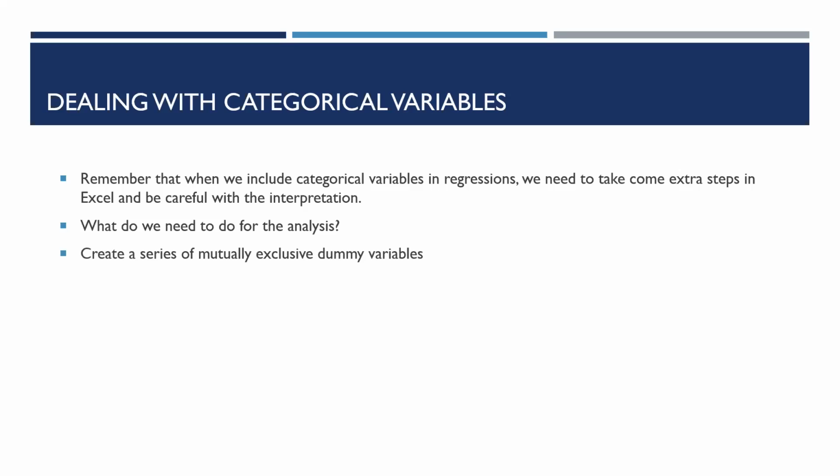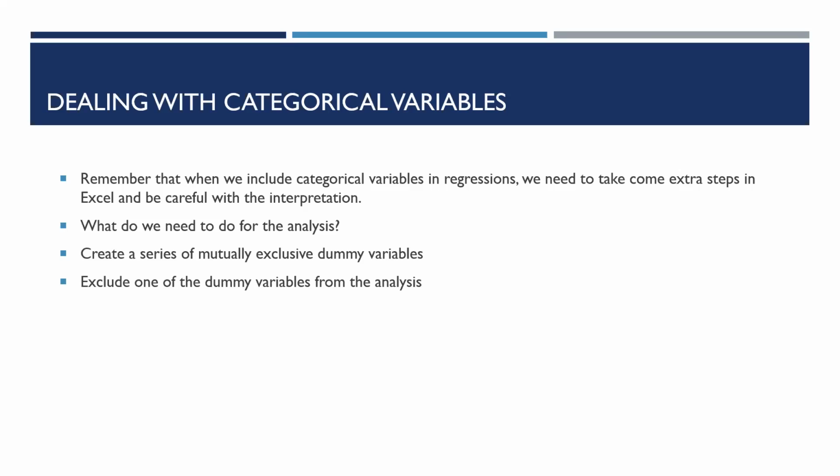If black is 1, white is 2, other is 3, then the first variable is going to be called black. It's going to get a 1 if they answered 1, a 0 if they answered 2 or 3, right? Then for the white category, if a person has a value of 2, they'll get a 1 for white, a 0 if they have 1 or 3, and so on and so forth. So you have to do that.